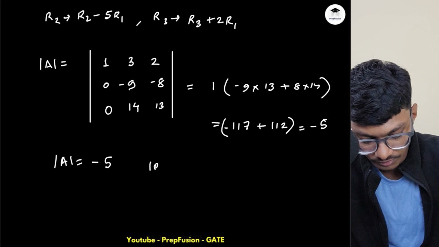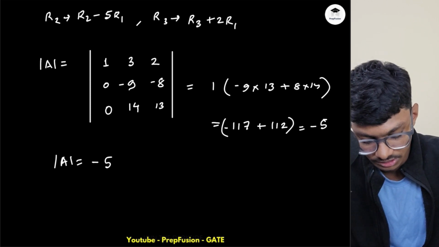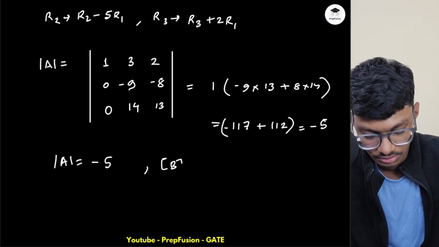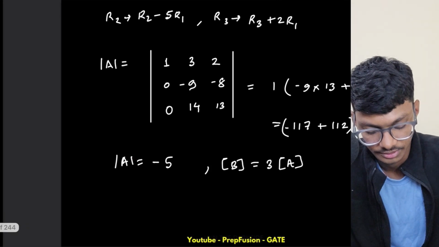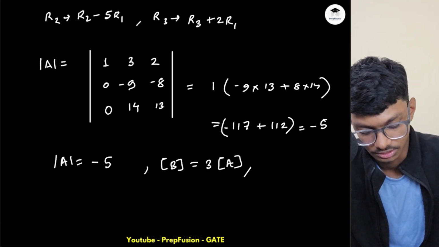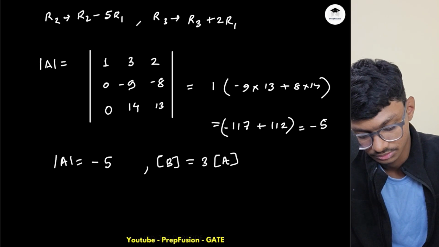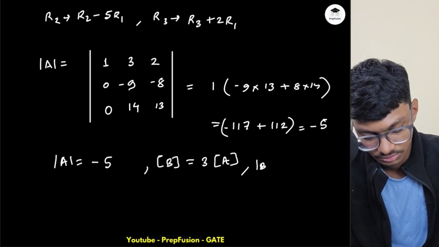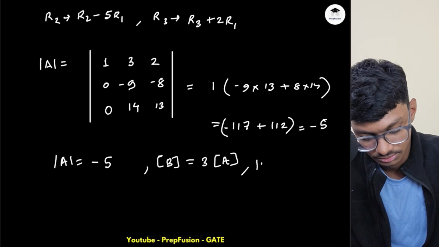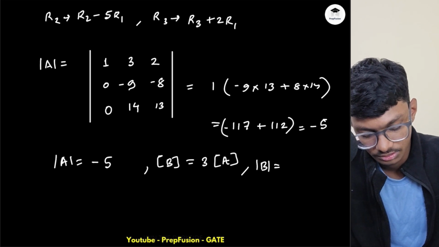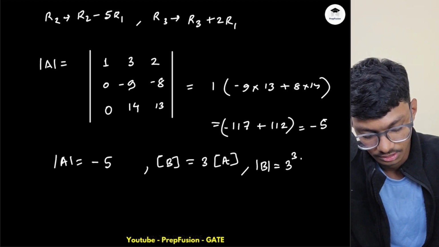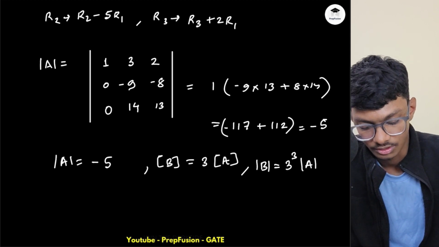Now what will be the determinant of B? We know this relationship, that B equals 3A. So the determinant of B will be 3 raised to power 3 into the determinant of A, because the order is 3.